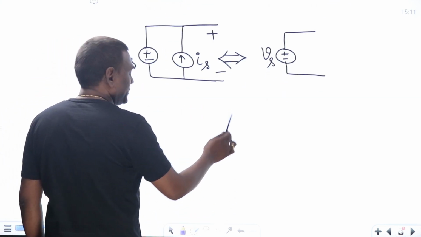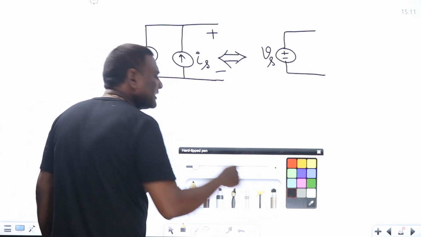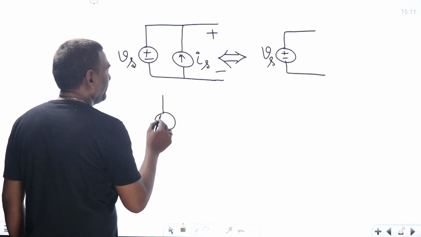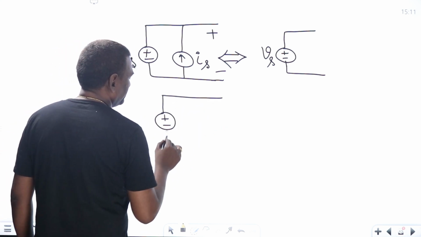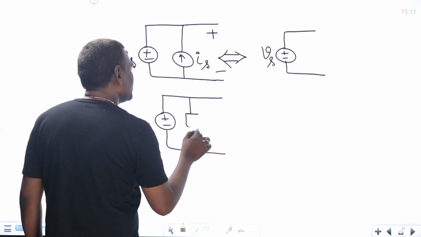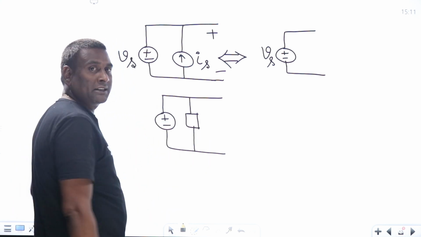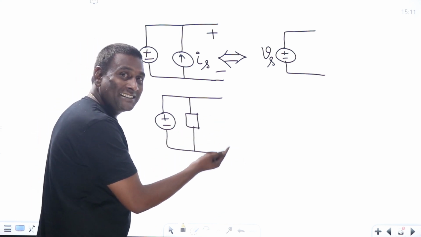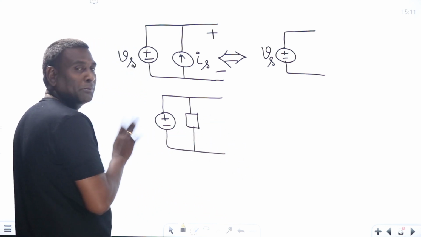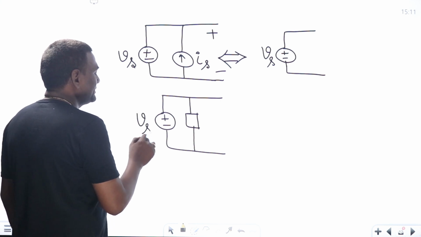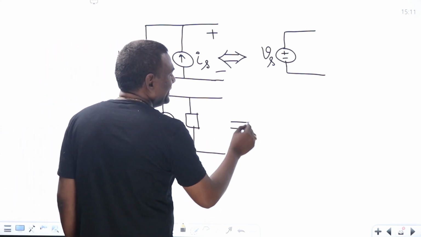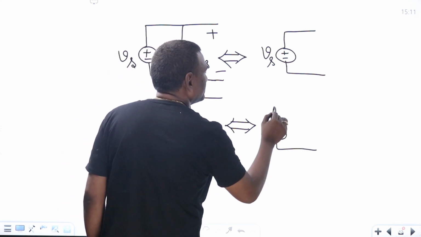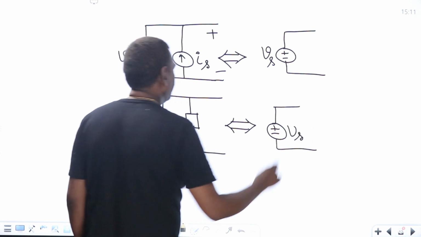Now, not only a current source, whatever the connection may be, if I have an ideal voltage source in parallel with anything, but this should not be one more ideal voltage source having a different magnitude, if I have Vs here, then directly my equivalent circuit will be Vs only.